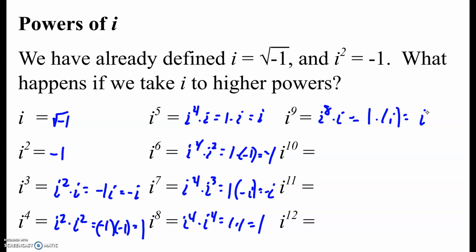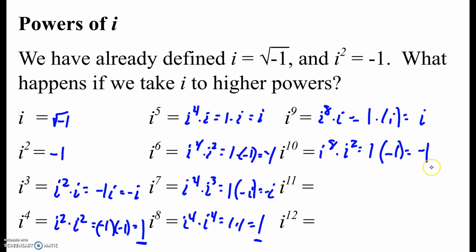i to the 10th, a couple ways you could do that one. You could do i to the 8th, which I always like to do, powers of 4, because we get 1 when we have a multiple power of 4. And then we'd have i squared, which is 1 times -1.